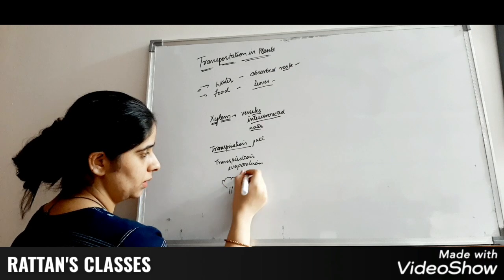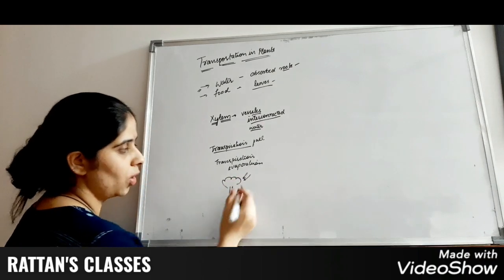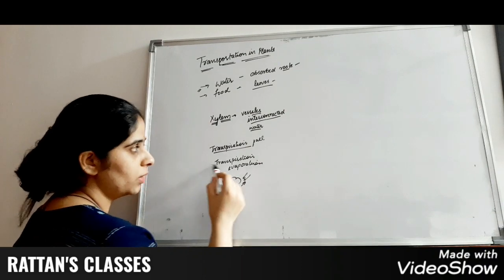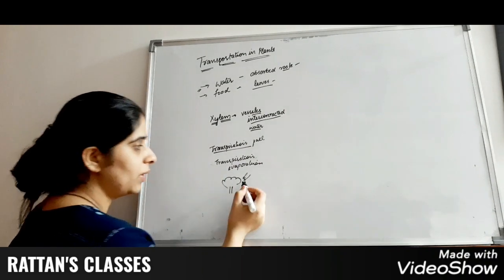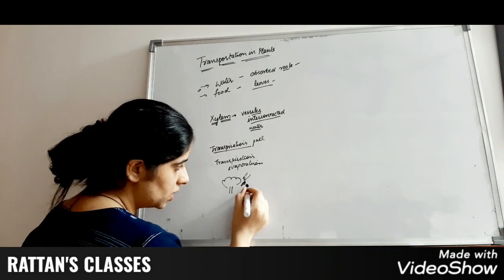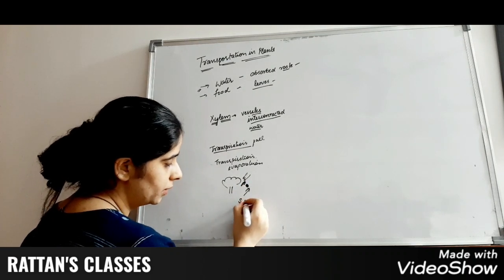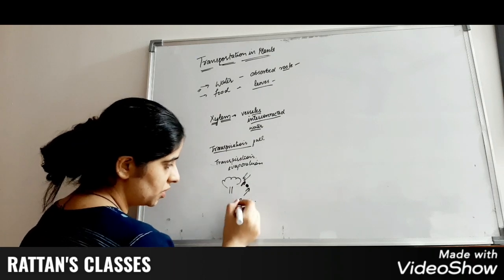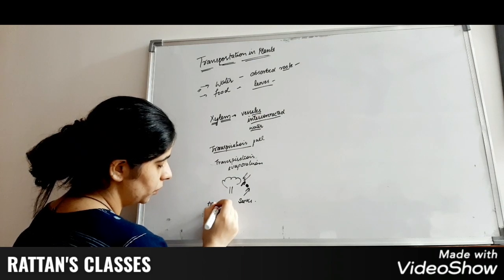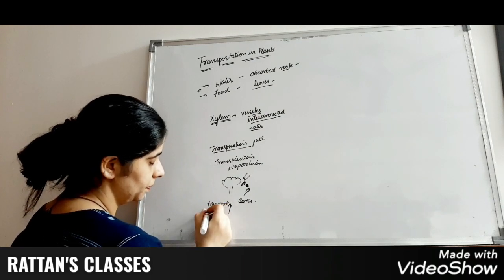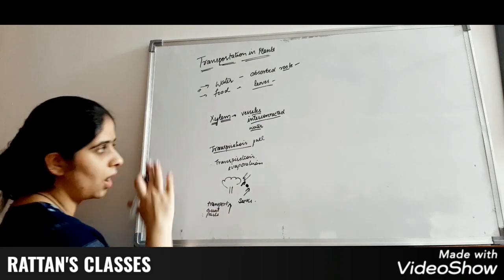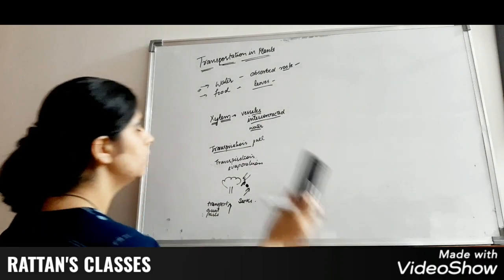This is the plant. Sunlight comes and the water evaporates. This evaporation of water through the plant body is known as transpiration, and when water evaporates, a pressure occurs which sucks the water upward. This pressure transports the water to the aerial parts. This is how the water is transported in the plants.